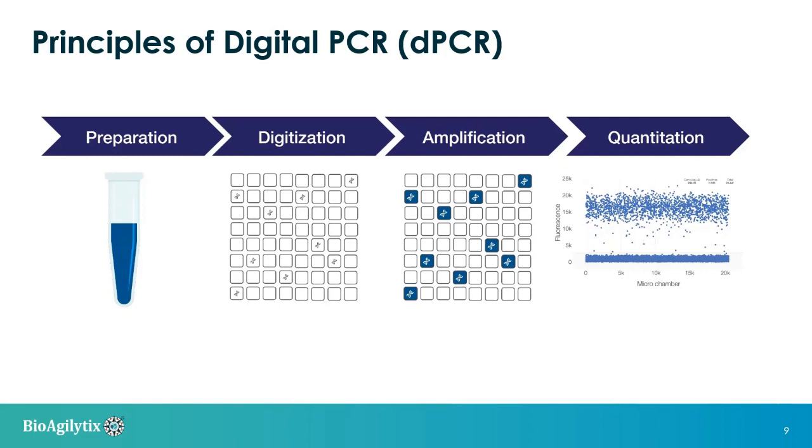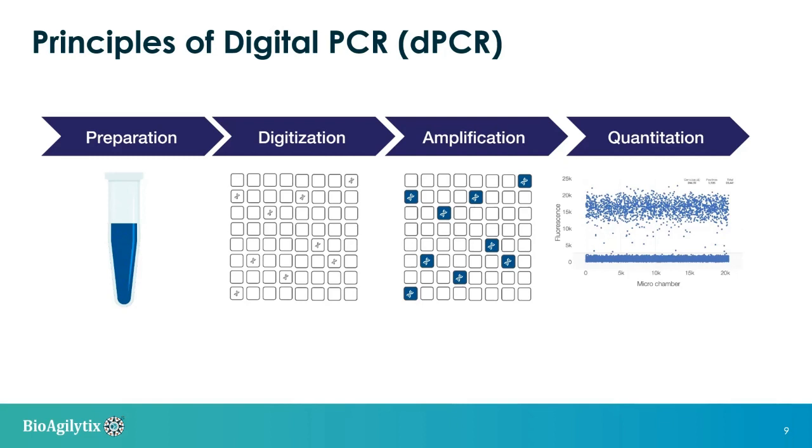It also goes through a fluorescence-based readout, and the sample is either positive or negative based on the amount of fluorescence in that sample, and that correlates to a copy number above a certain threshold. And that's how the sample is quantified.